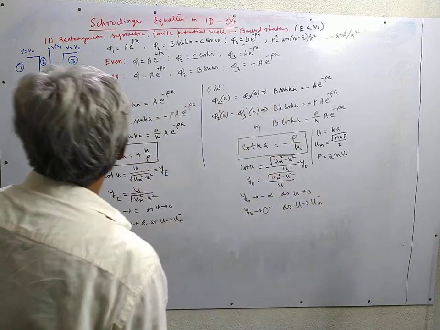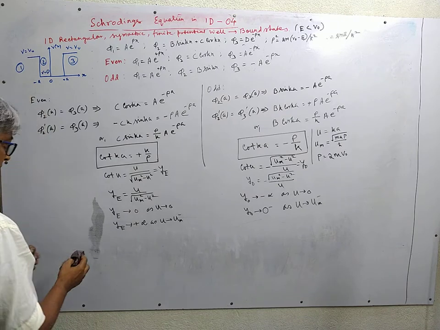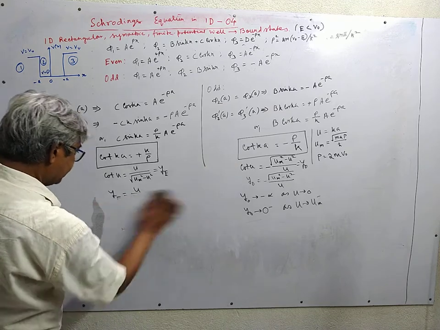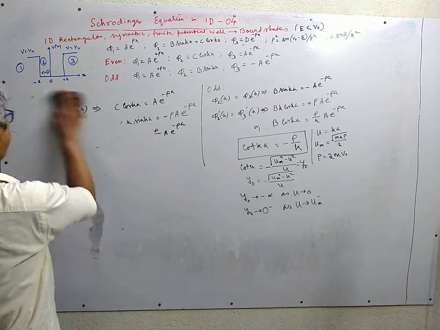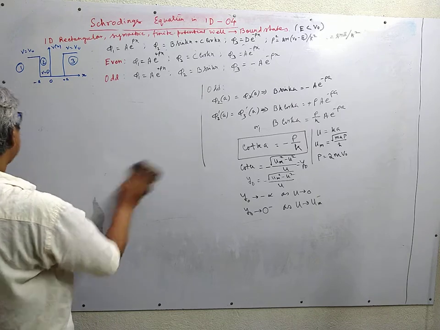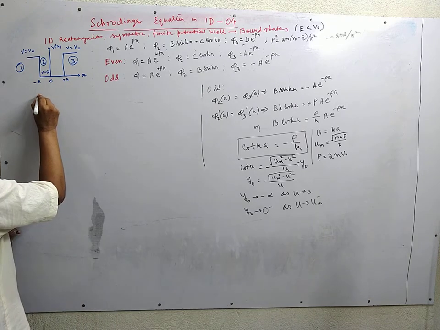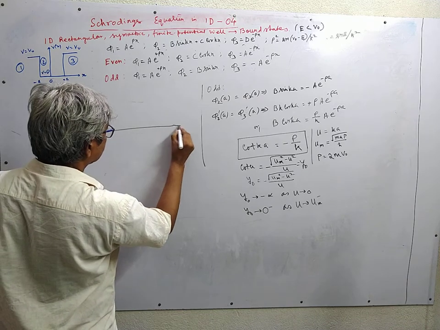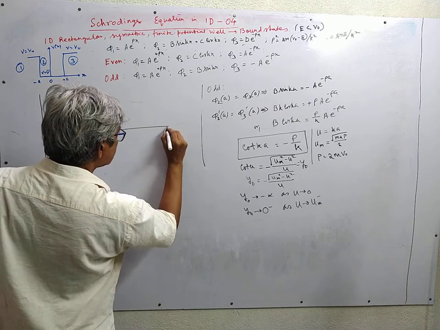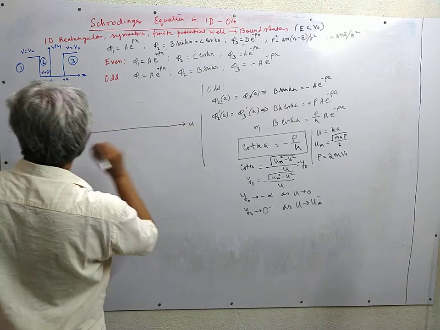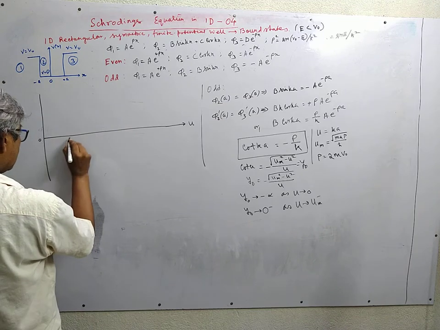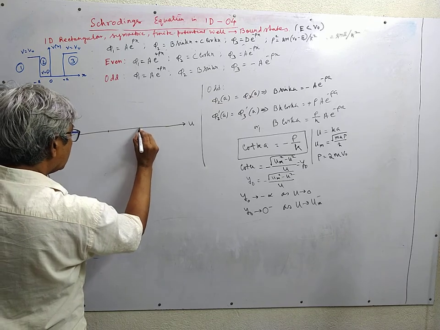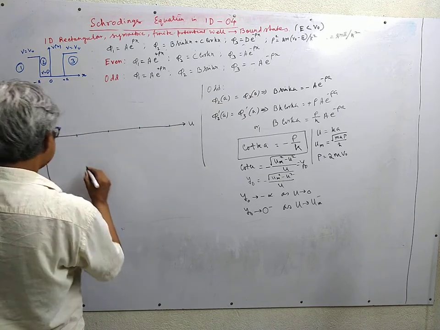With this information, I am going to solve this equation. Remember these quantities. Let me first plot cot u. This is 0, pi, 2 pi, 3 pi, 4 pi.